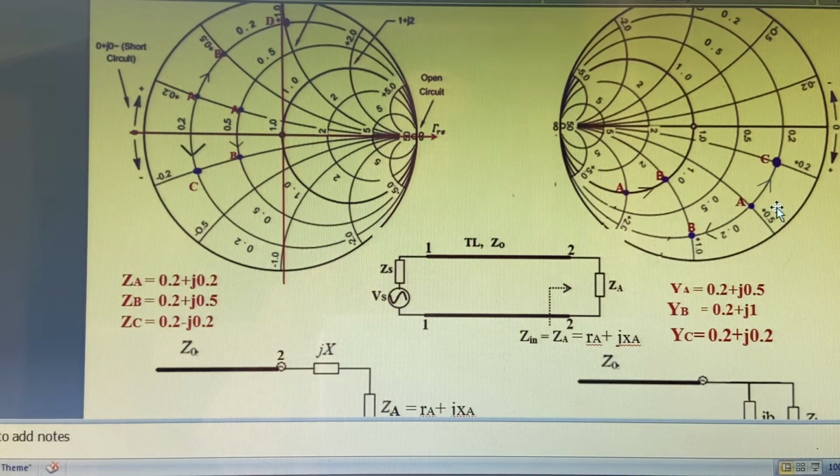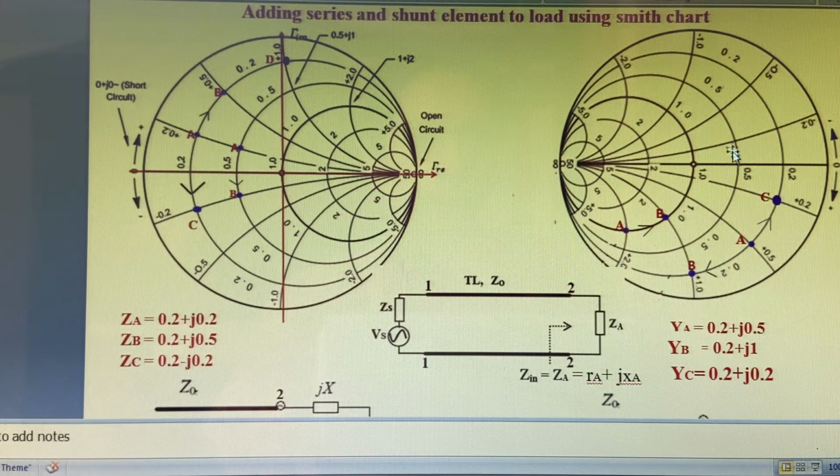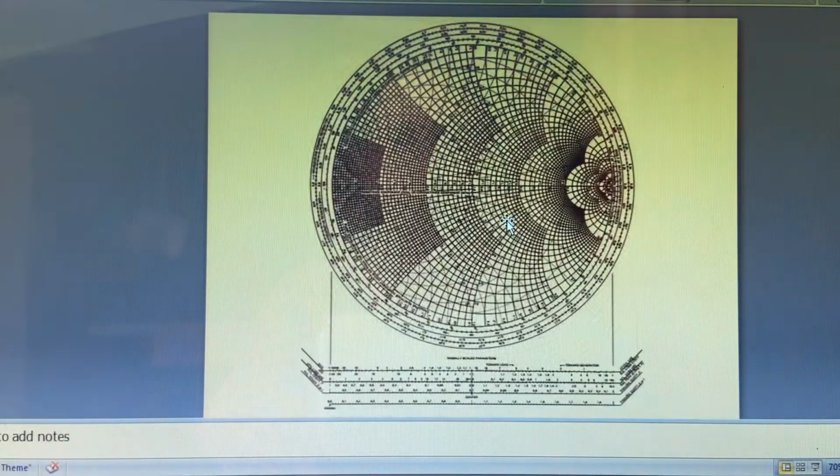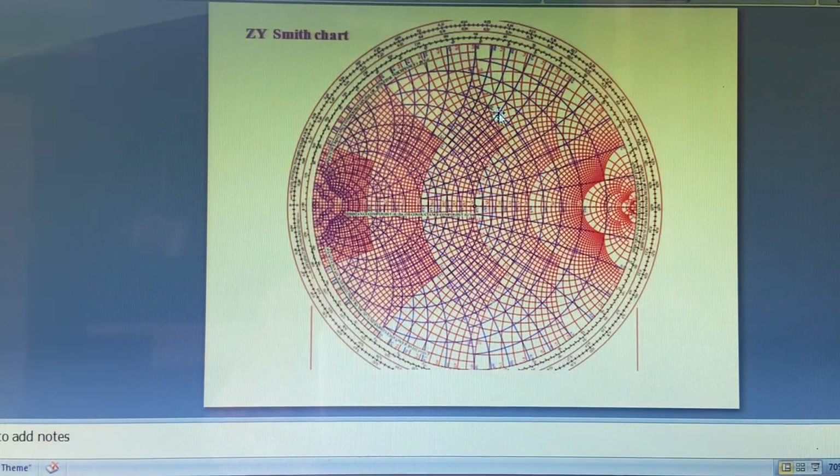So moving on constant conductance circles, any conductance circle, is nothing but adding a shunt element. Similarly, moving on resistance circles adds a reactive element in series. Here the resistance circles and conductance circles are all on the same chart, the Smith chart. This is a YZ chart.